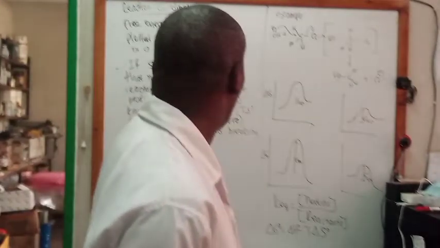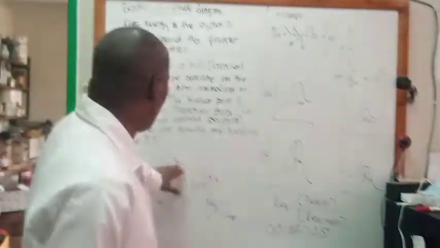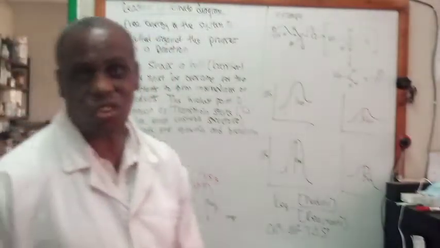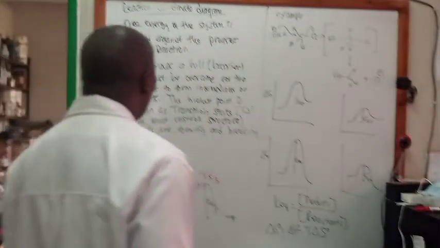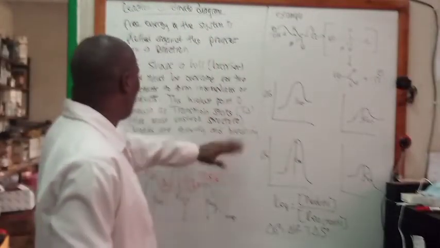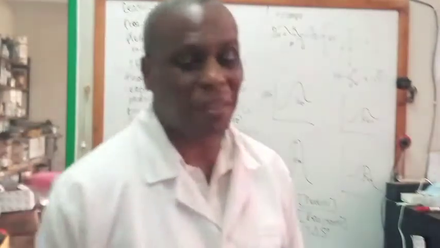The highest point of this hill is called the transition state, and it gives the most unstable structure that can be formed.